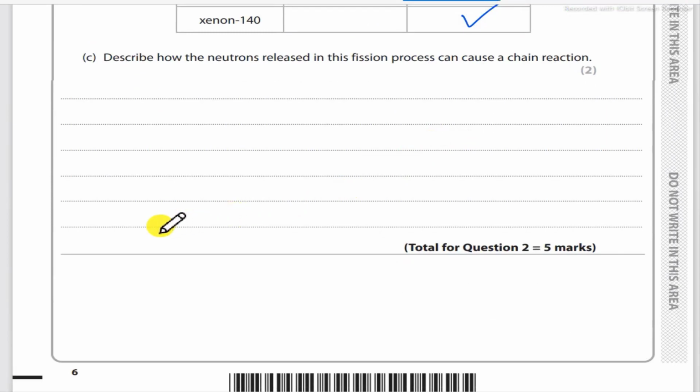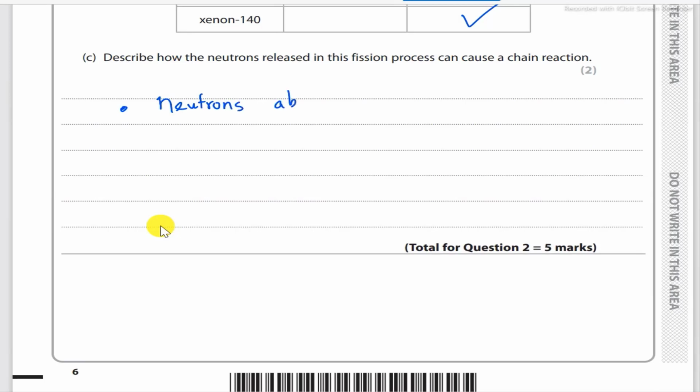Describe how the neutrons released in this fission process can cause a chain reaction. Neutrons are absorbed by another uranium-235 nucleus.